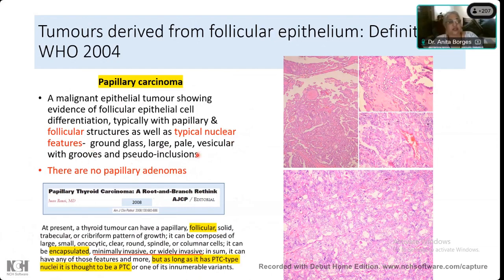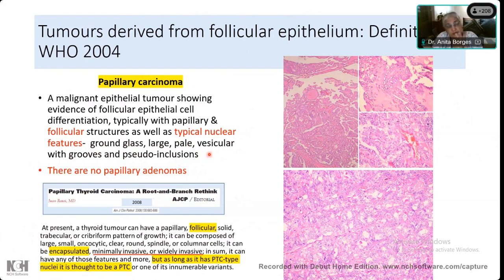In the last paragraph of the first bullet point, these are typical nuclear features: ground glass, large, pale, vesicular, with grooves and pseudo inclusions. These are the nuclei that are often referred to. They are vacant looking nuclei, like the eyes of the cartoon character Orphan Annie, and that's why they were called Orphan Annie nuclei.